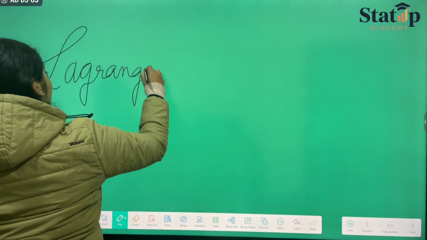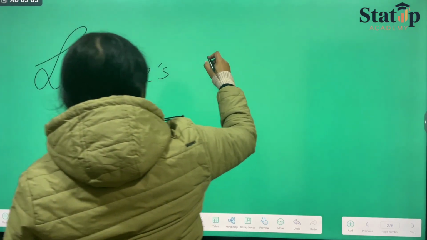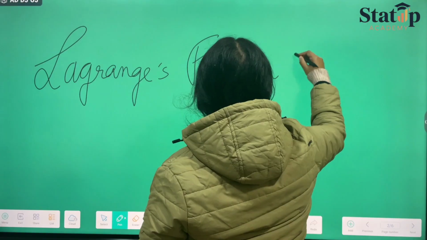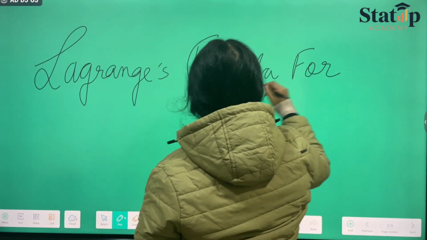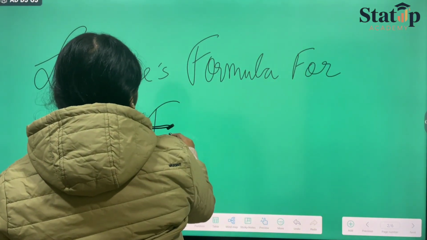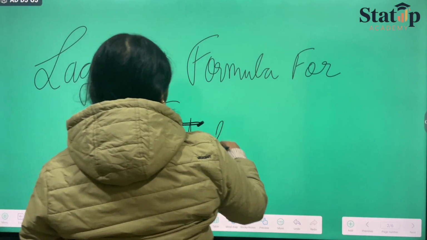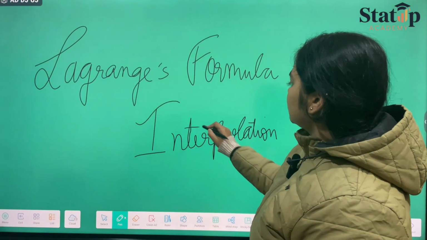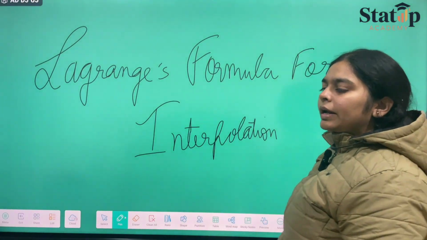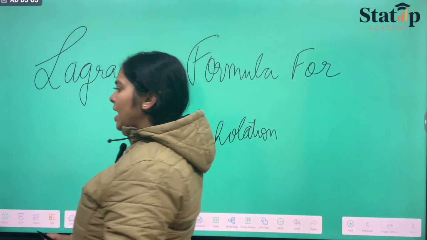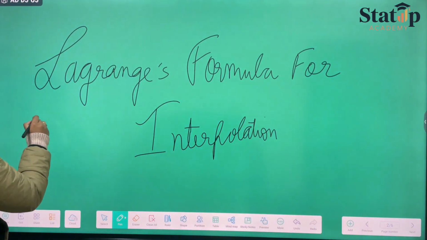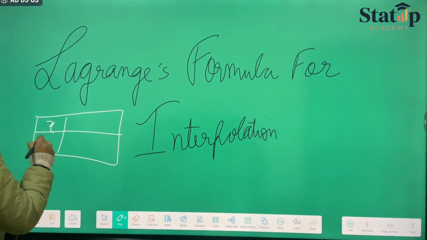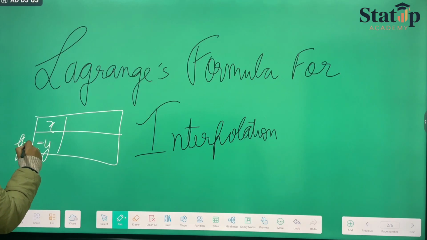Lagrange's formula for interpolation. Suppose we have been given data like this, in which we have been given x and y, which can also be written as f(x).